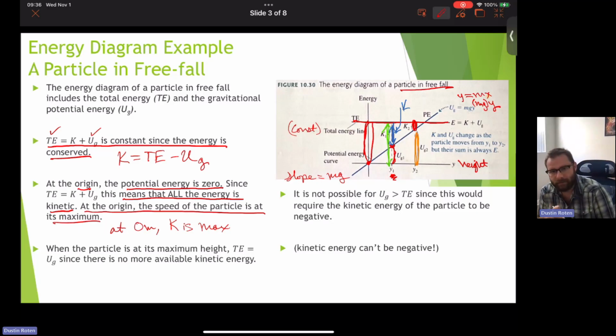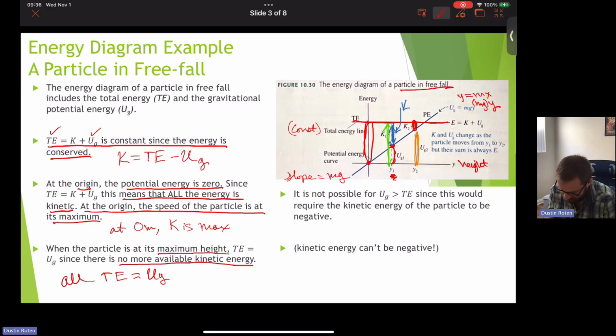Now, something else to think about is what happens when the particle gets to its maximum height. Here, when this particle gets to its maximum height, all the total energy is gravitational. There is no more available kinetic energy. You can see that from the plot, which is starting to get a little crowded.